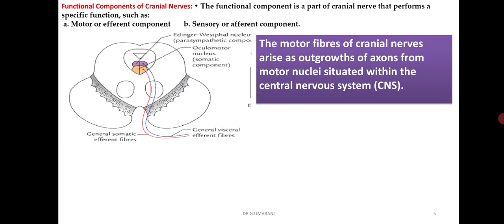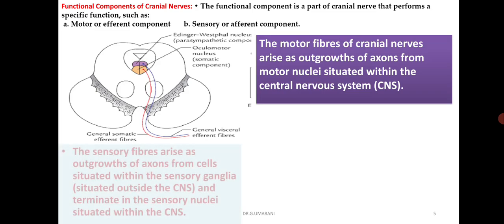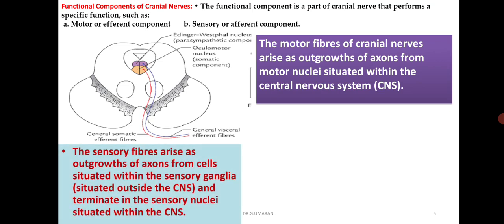These axons arise from the motor nuclei situated within the central nervous system. Whereas sensory fibers arise as outgrowths of axons from cells situated within the sensory ganglion, which is situated outside the CNS, and these terminate in the sensory nuclei situated within the CNS.